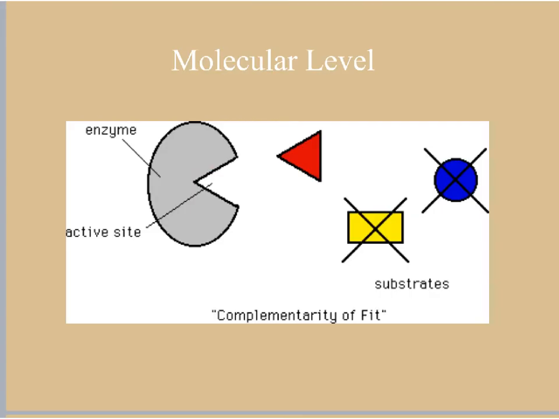I'll give you examples, even at the molecular level. Not even at the cellular level, but just the molecular level, we see this relationship between structure and function. The example here is an enzyme, and we'll learn about enzymes later in the course. This little Pac-Man, this little circle with the pie cut out, is the enzyme, and you see it has a really specific shape.